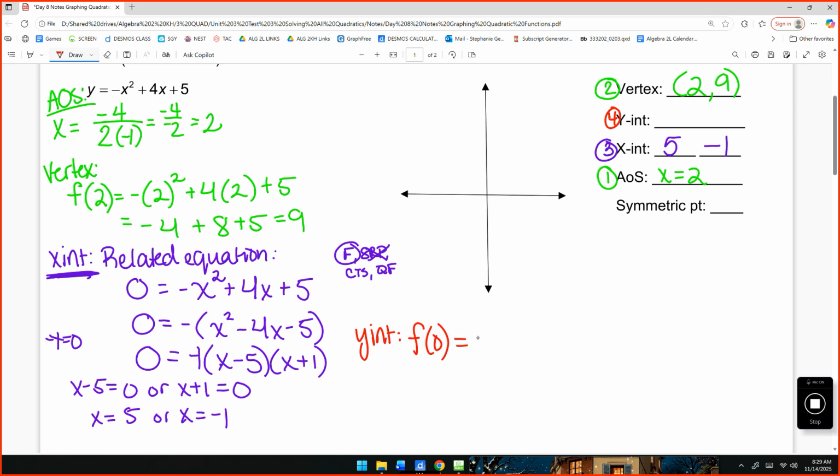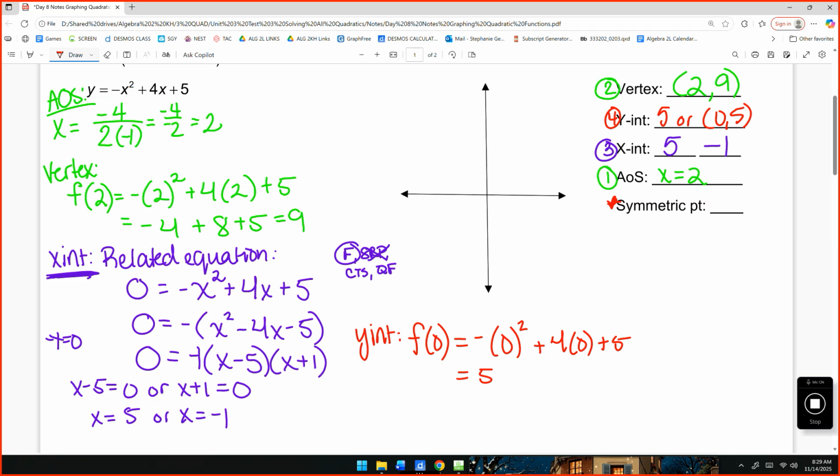So this would be negative 0 squared plus 4 times 0 plus 5. So just 5. Cool. So for the y-intercept, I could write 5, or if you want to put the entire coordinate point, you can write (0, 5). It's fine.